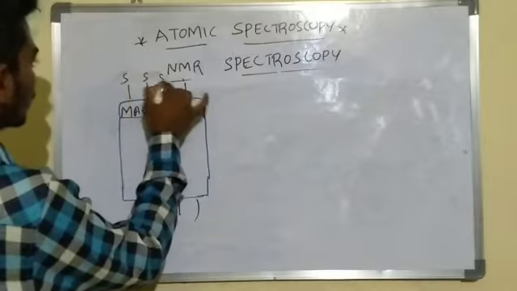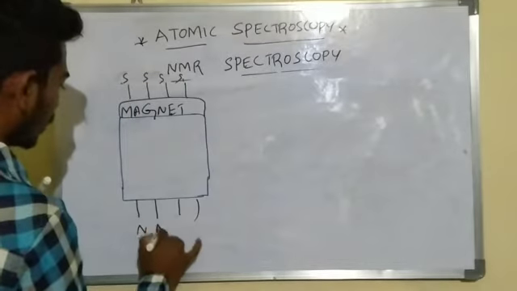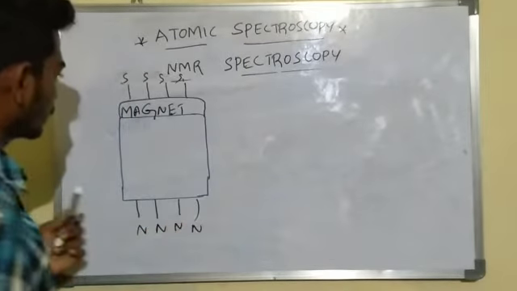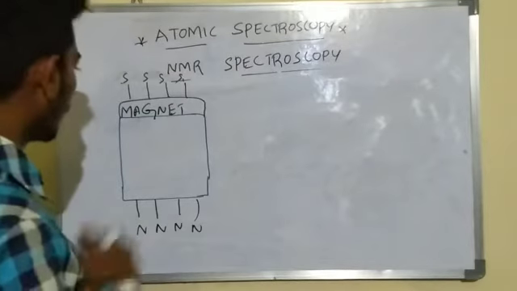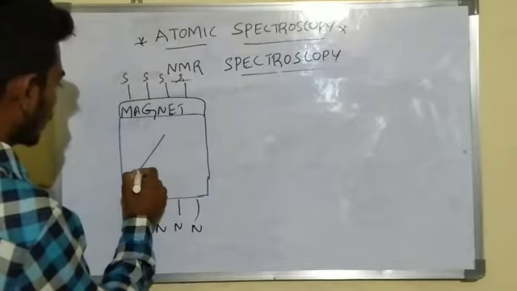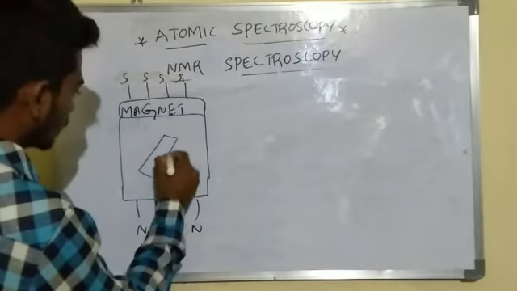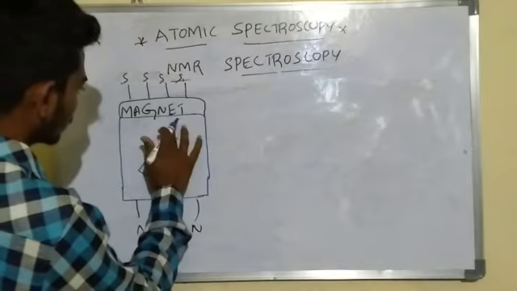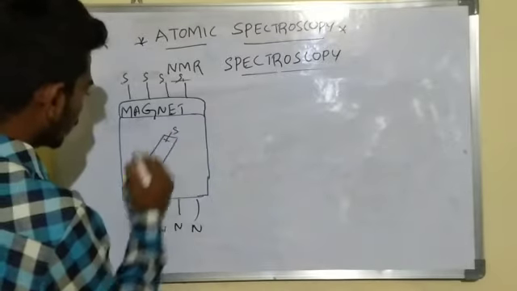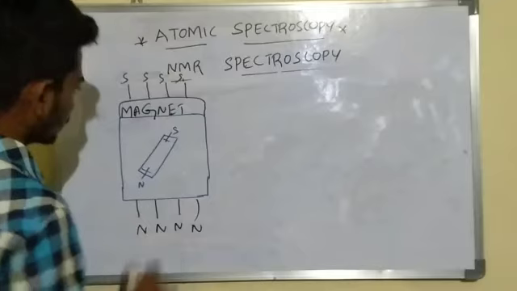This is the direction of the applied magnet, with the south pole and the north pole. Now let us consider a nucleus. This is the hydrogen, with its north pole and south pole.